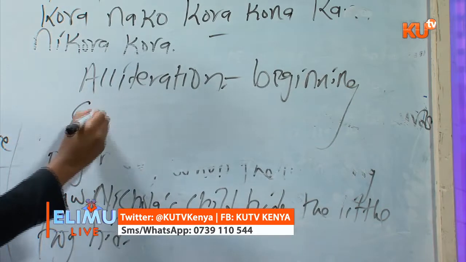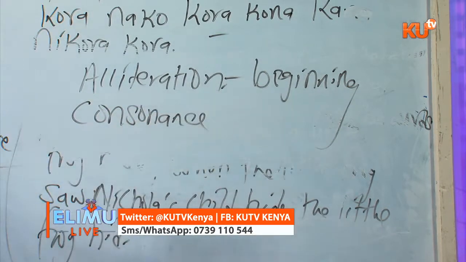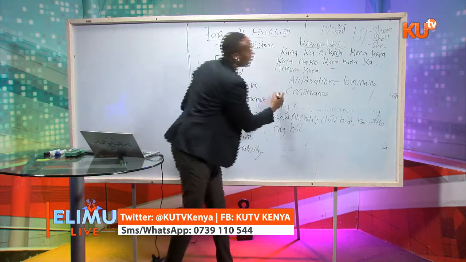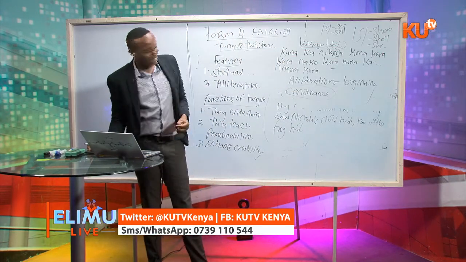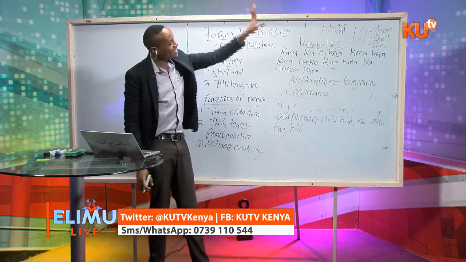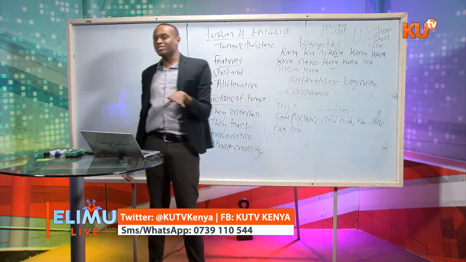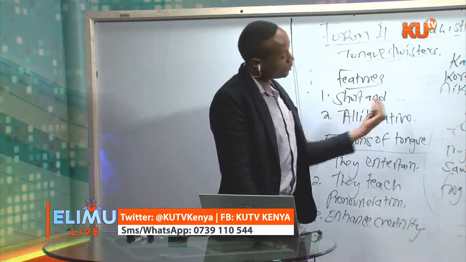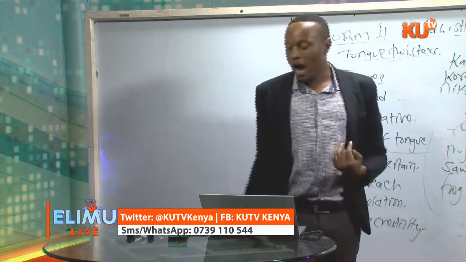But when you talk about consonance, the inner, it might come at the end or in the middle. As long as it's not in the beginning, we refer to it as consonance. Hope your question is answered. As long as it's a repetition of consonantal sounds and it is not in the beginning of that word, it is going to be referred to as consonance.